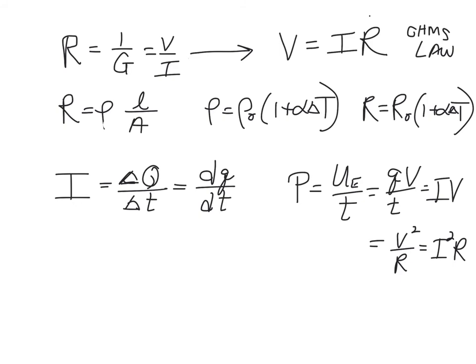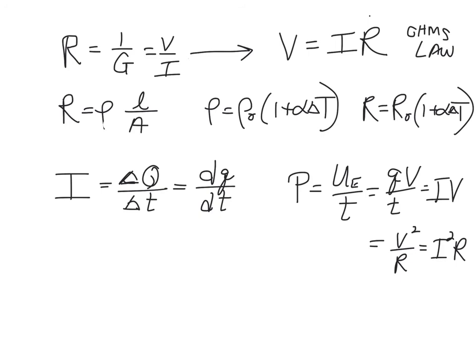that intrinsic property of the wire to resist the flow of current, is temperature dependent. And so we have the equation that relates the resistivity to temperature. And so usually when you look up resistivity of a material, they'll give you the room temperature resistivity, and they'll tell you the temperature coefficient. And then you can calculate the resistivity of that material at any temperature.